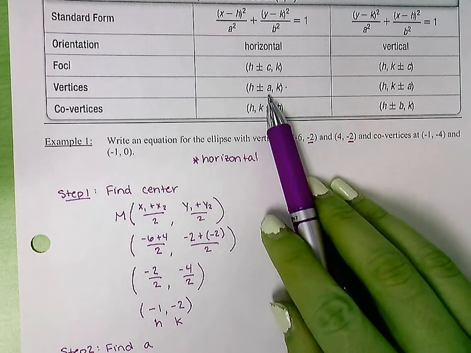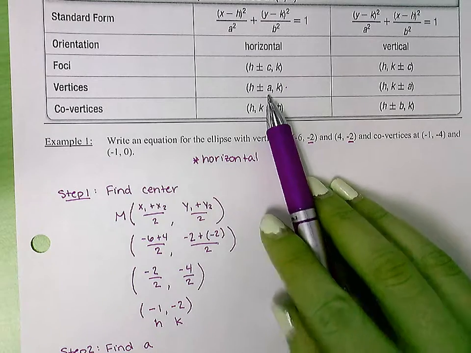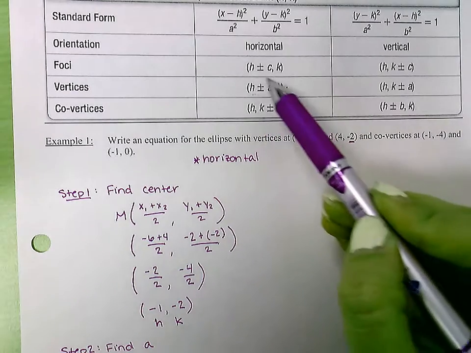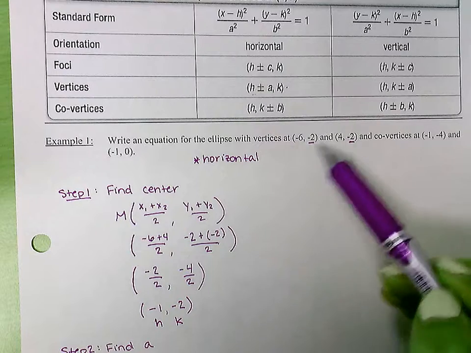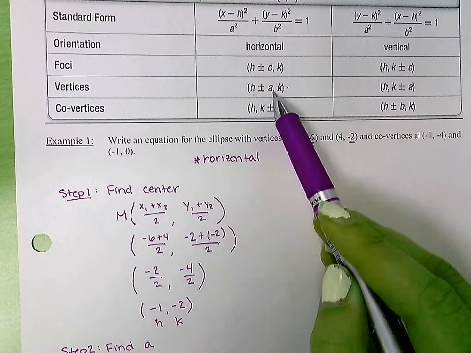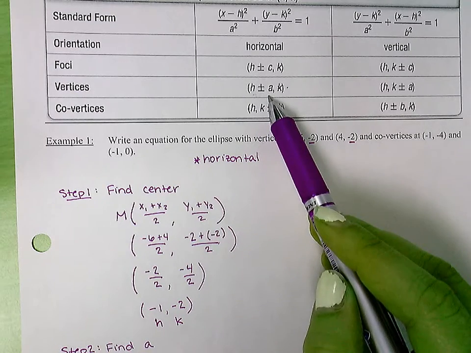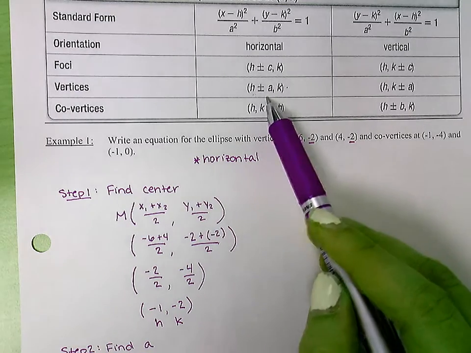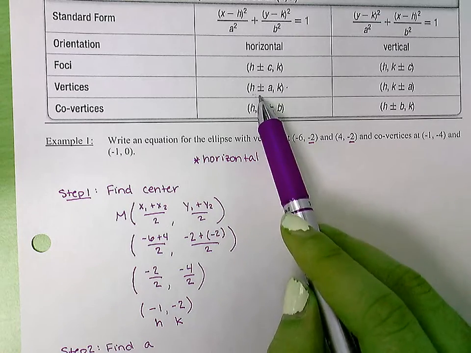That has to do with my vertices. So I'm going to take one of my vertices. We'll just use this one. This value, my x value right here, has to be h plus a or h minus a.